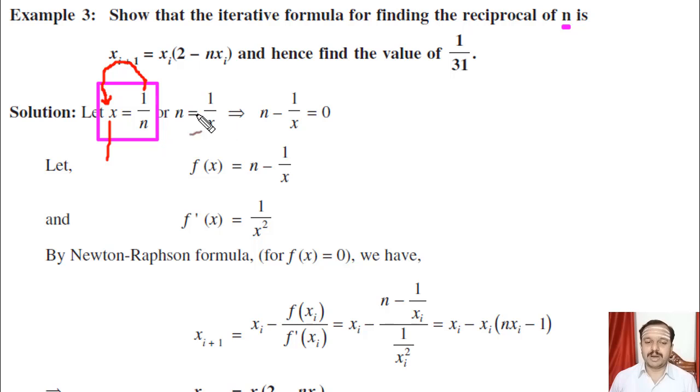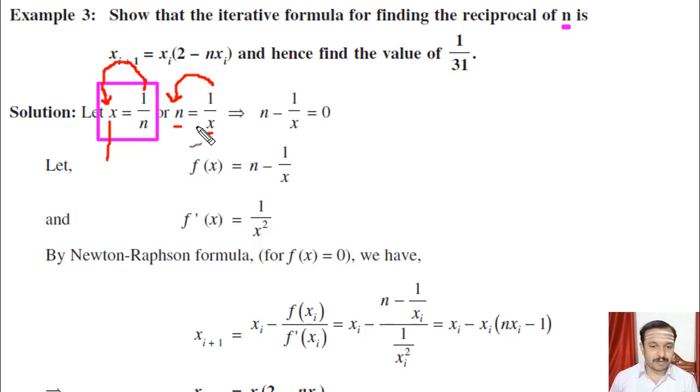If you take the reciprocal of both sides, the reciprocal of 1 by n is n, written on the left hand side, and the reciprocal of x is 1 by x, written on the right hand side. In the next step, you take this quantity to the left hand side.